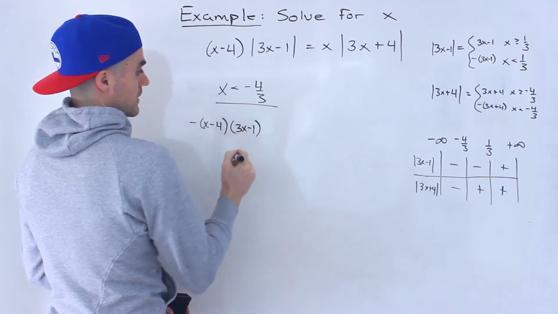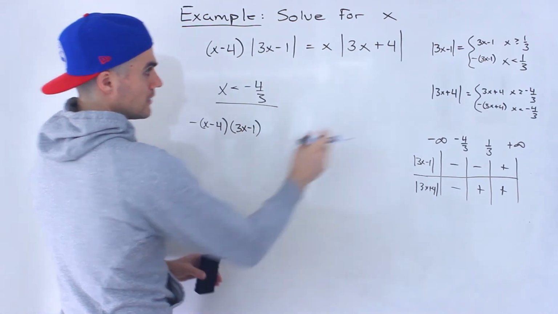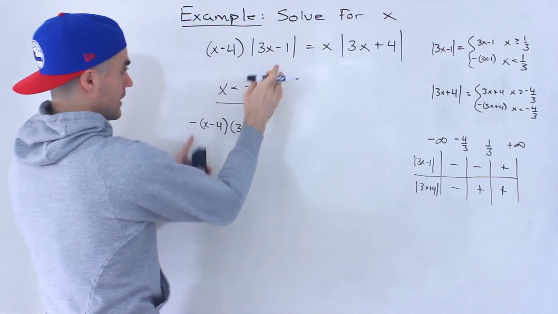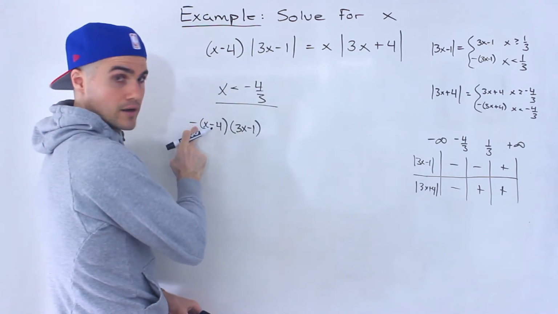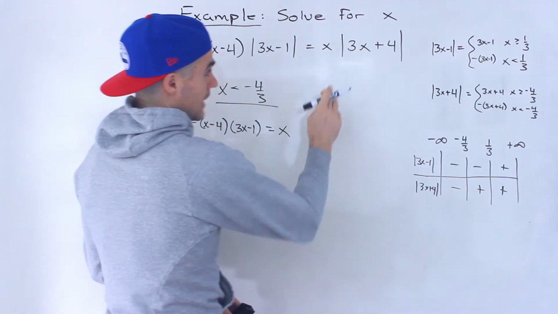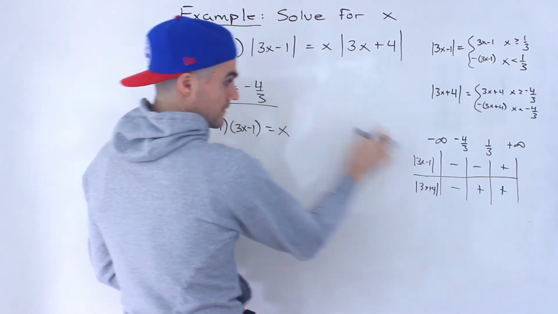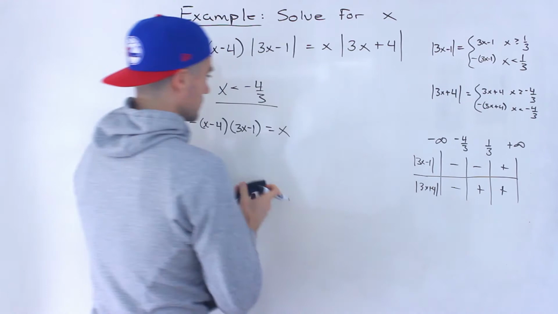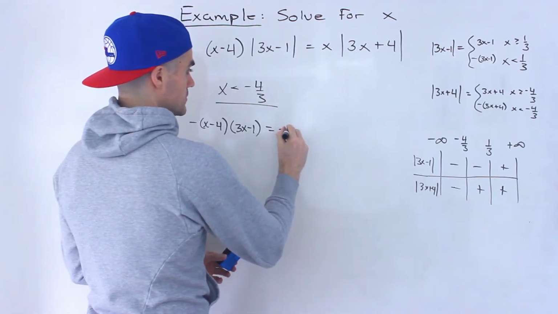Then we'll have 3x minus 1. I took this, brought it in here, but then I split it up, and the negative one I put in front. And then we have x times the absolute value of 3x plus 4. Within this interval, that's going to be negative as well, so I'm going to put the negative in front here too.